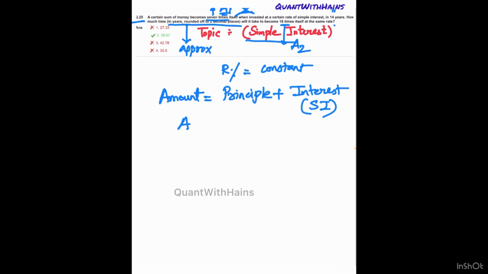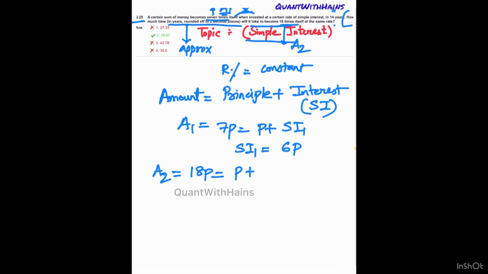Amount 1 is 7 times: 7P equals P plus SI1, so SI1 is 6P. Now the question is how much time it will take to become 18 times. Amount 2 is 18P equals P plus SI2, that means SI2 is 17P.